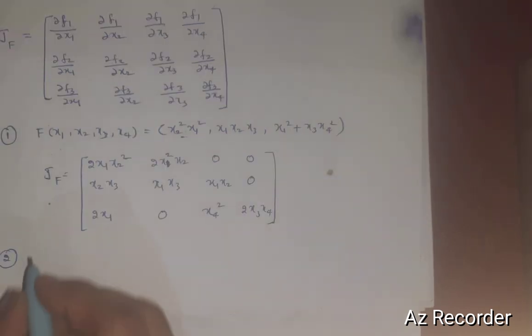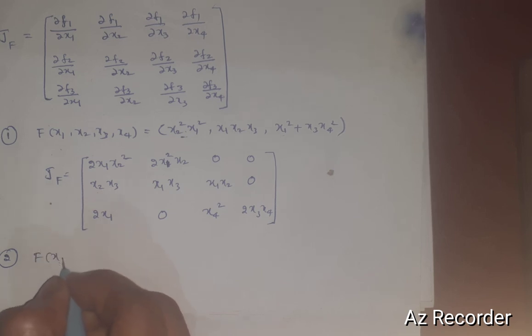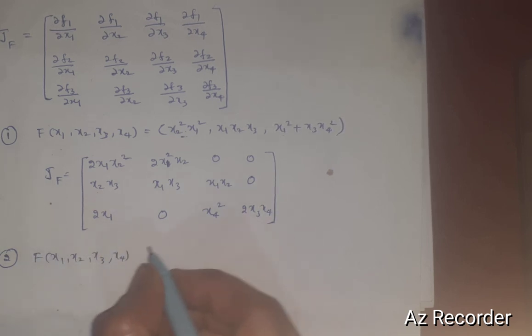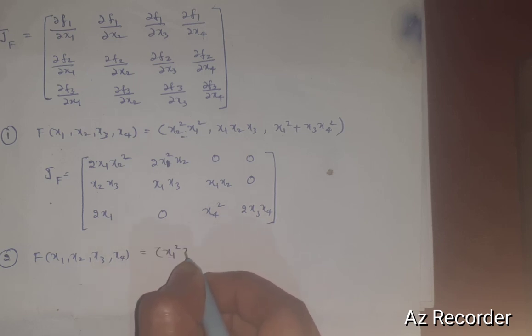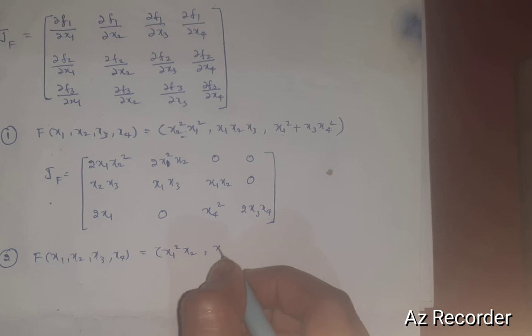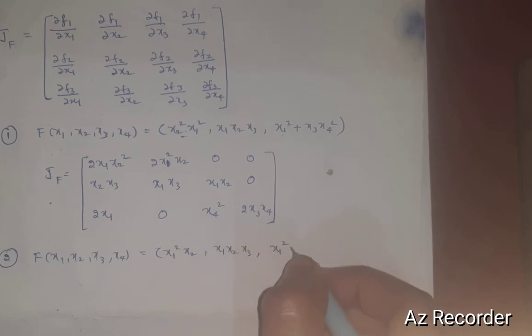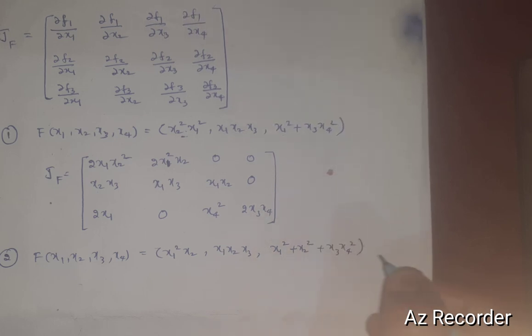Okay, so the second function they have given: f of x1, x2, x3, x4 is equal to x1 square x2, comma x1 x2 x3, comma x1 square plus x2 square plus x3 x4 square.